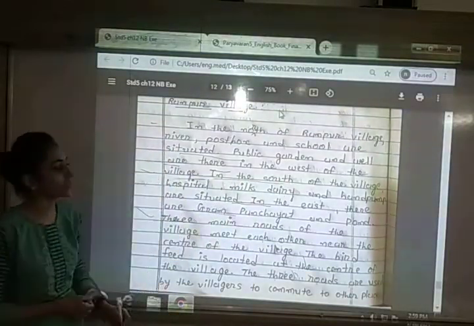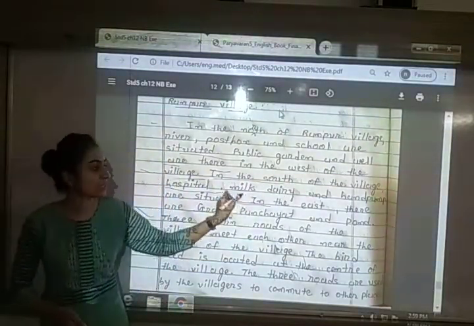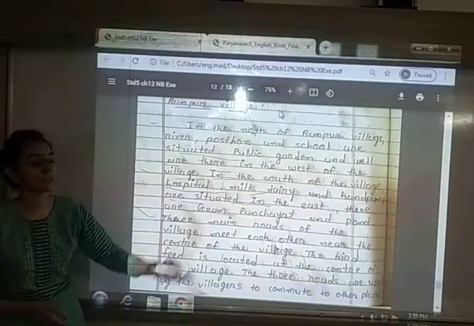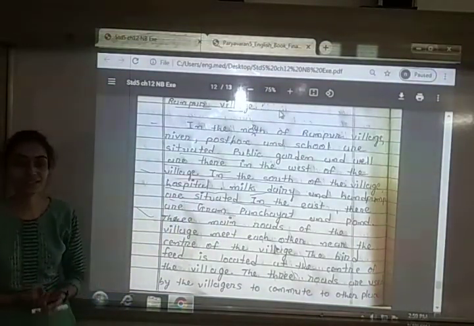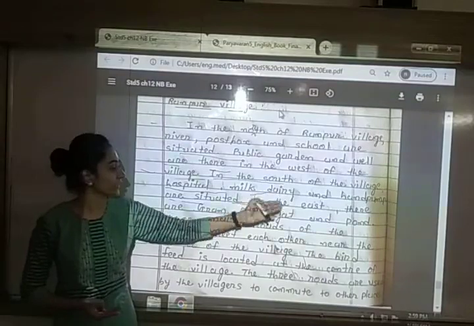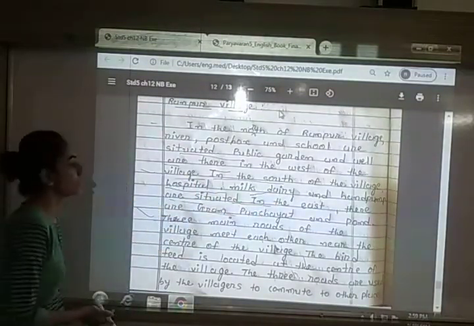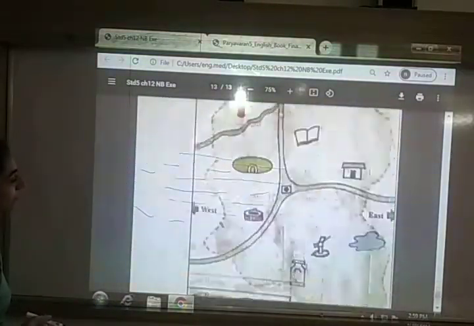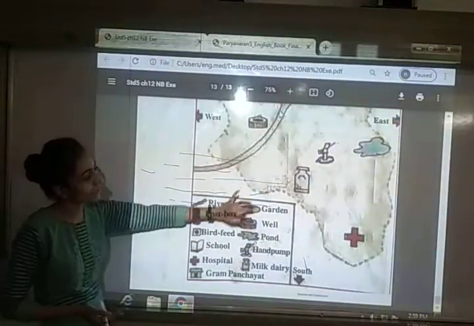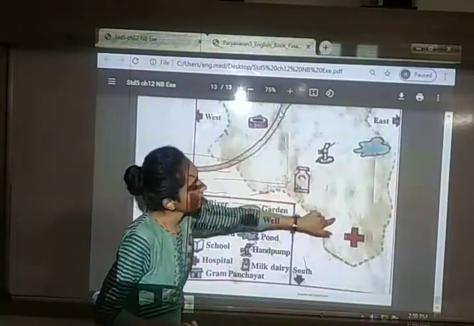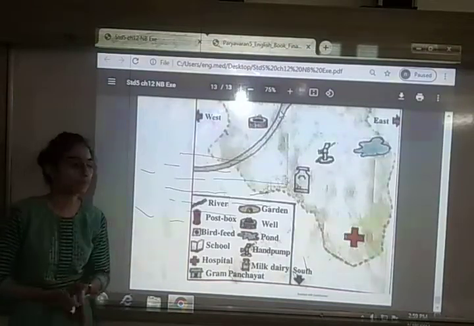In the south direction of the village, hospital, milk dairy and hand pump are situated. Again 3 places are there. This one is the south direction, where hand pump, milk dairy and hospital are located.